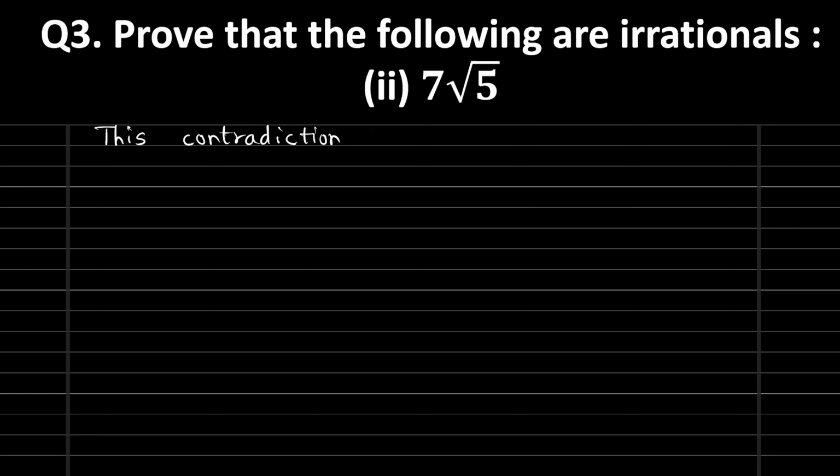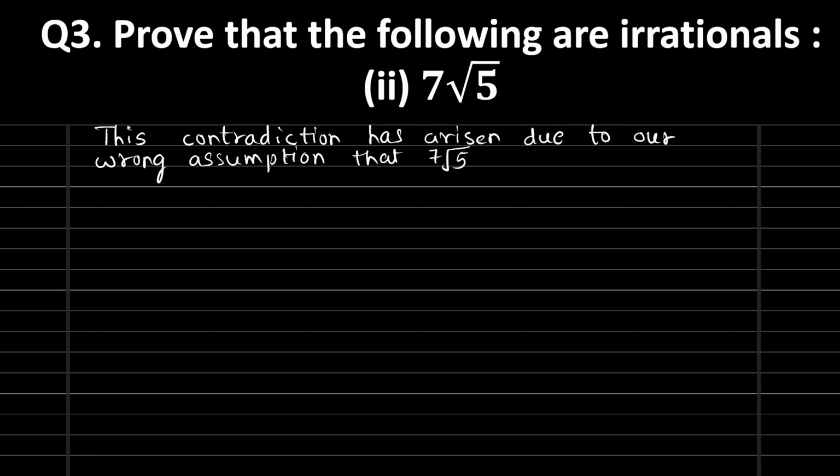So we will write down this contradiction has arisen due to our wrong assumption that 7 root 5 is a rational number.